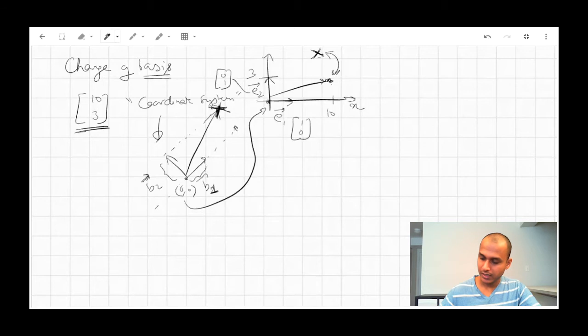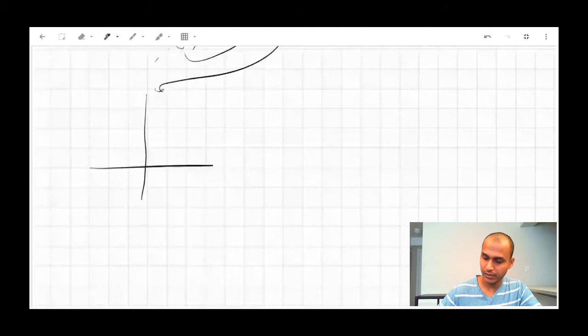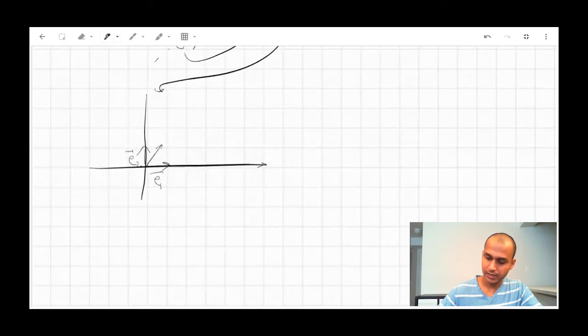So let me draw an equivalent picture for that and think of a different point. So let's say my original basis is going to be this E1 and E2, right? My second basis is going to be something tilted. So let's say something like this, B1 and B2. And this nomenclature is, I just chose E1 and E2 to be the standard basis and B1 and B2 to be some other basis, okay?